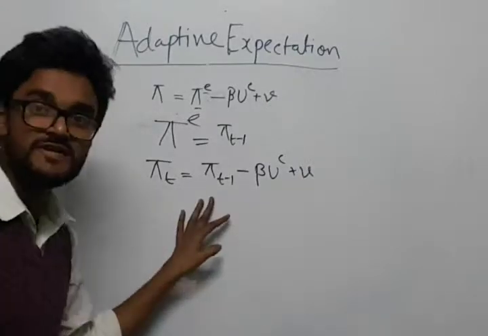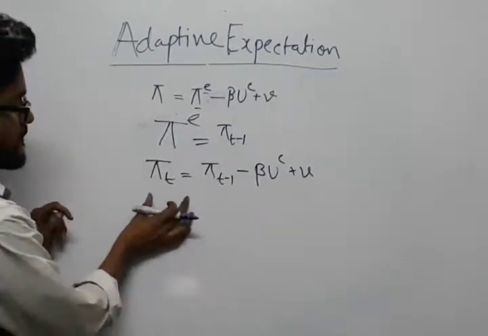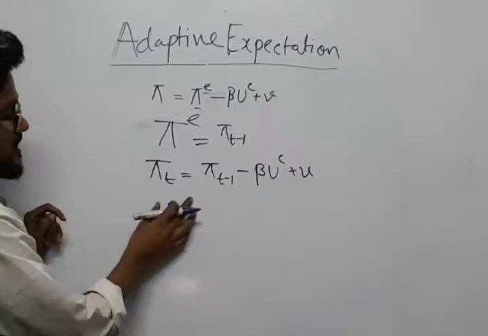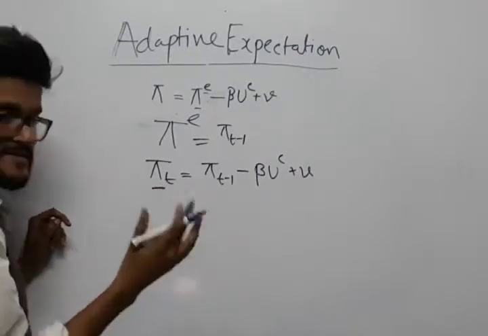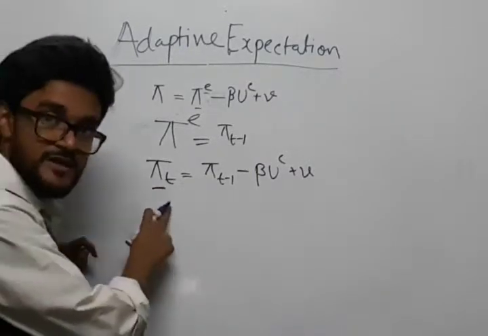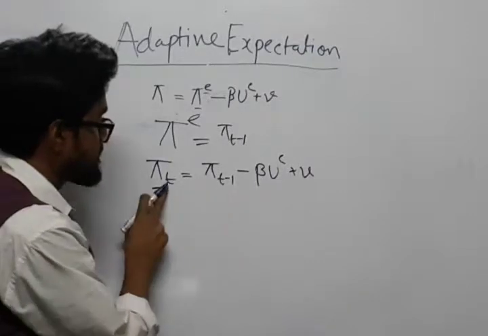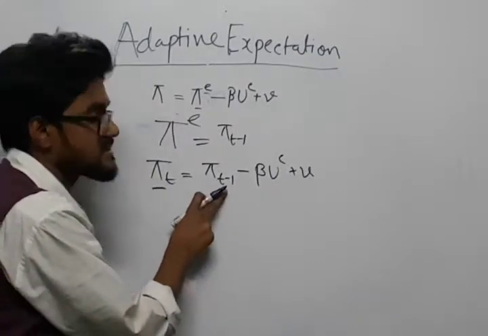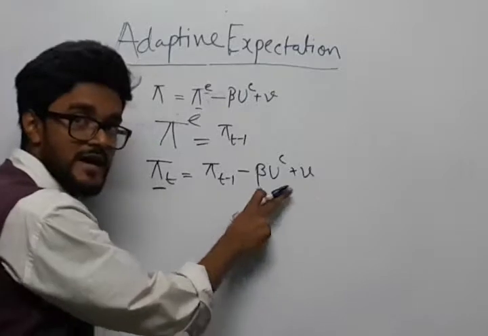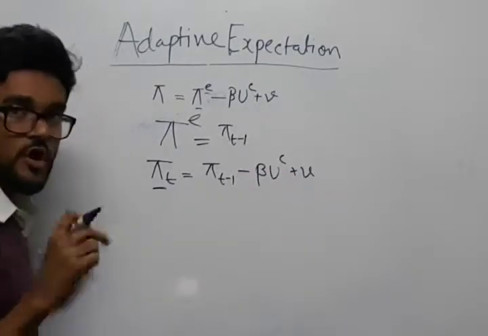So in adaptive expectation, we can see there is a relationship of pi t, which is inflation of this year, depends on the inflation of previous years, the cyclical unemployment, and v, which is the supply shock.